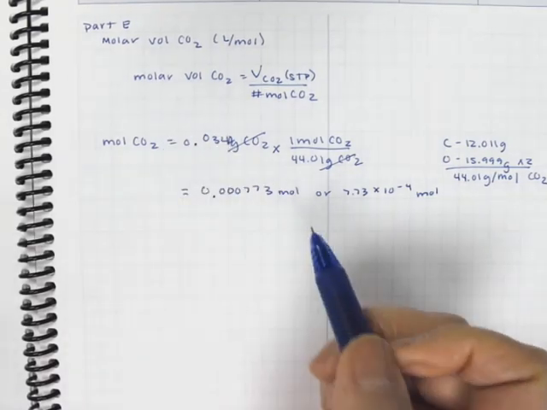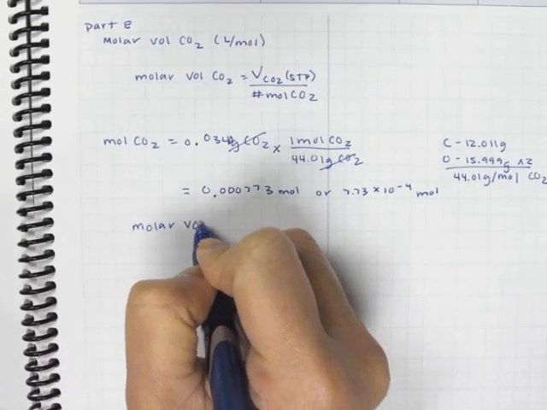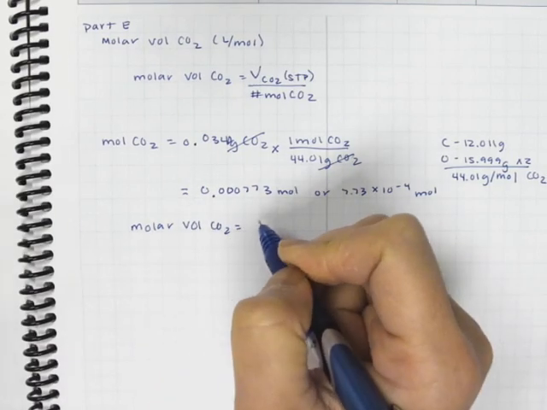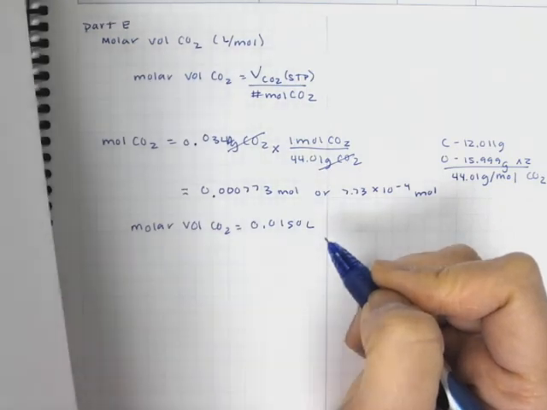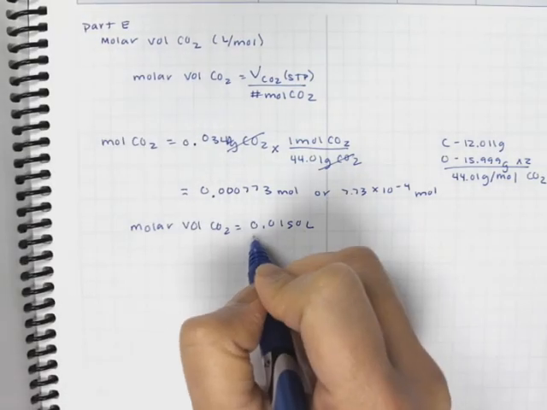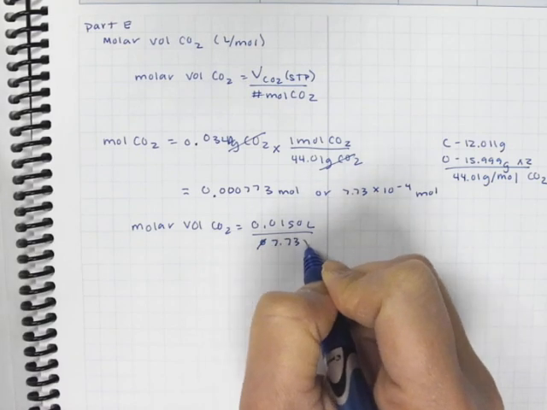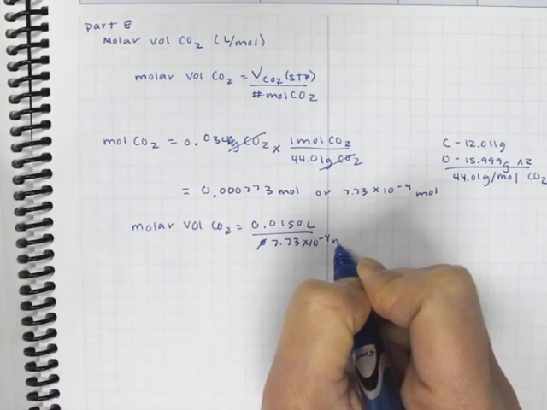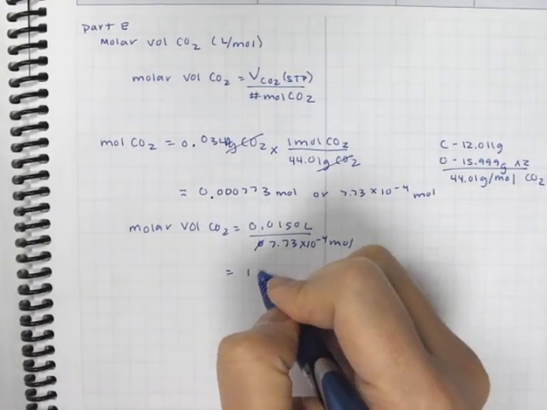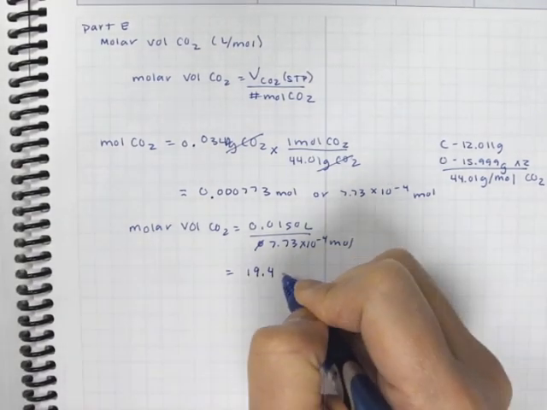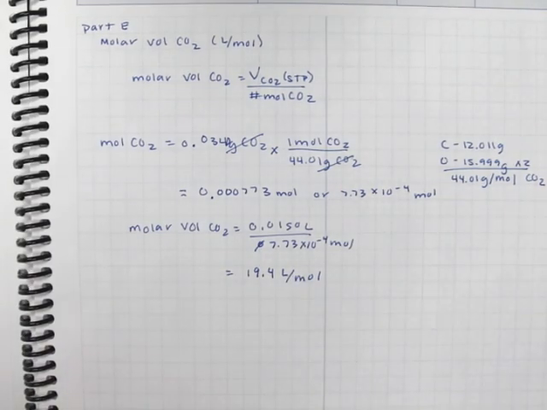Again, the molar volume equals 0.0150 liters, from part E step 1, divided by 7.73 times 10 to the negative 4th moles, which should be 19.4 liters per mole. So that's part E.